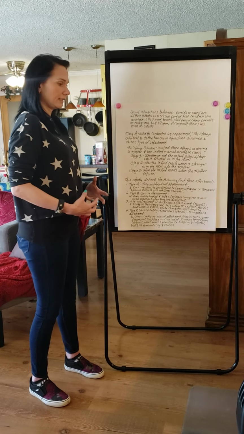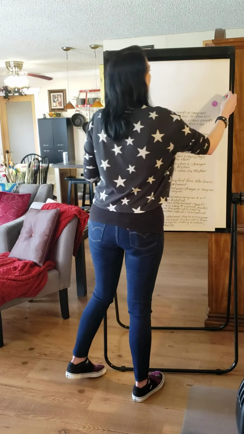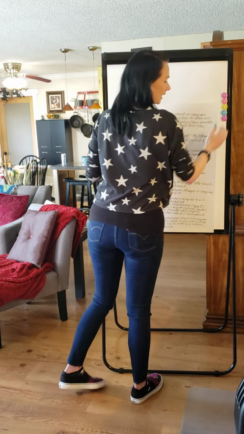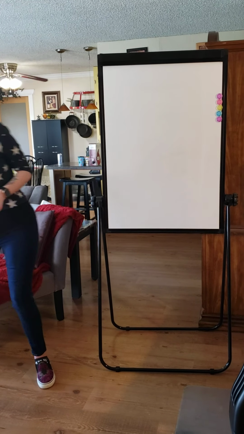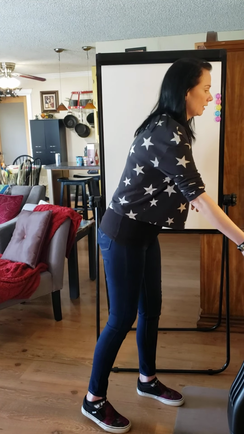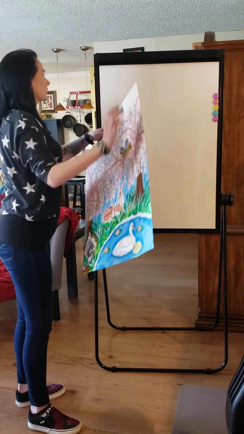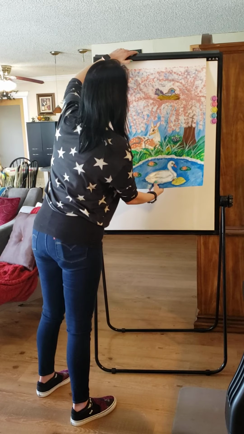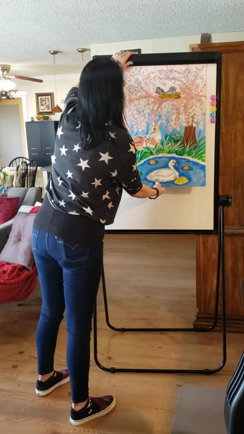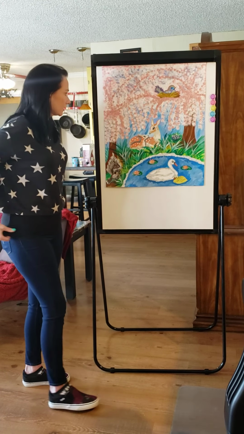So what I did is I did a painting that represents these four different styles, and I did it through nature and how nature can also display these different styles. Though animals and humans are very different when it comes to attachment.